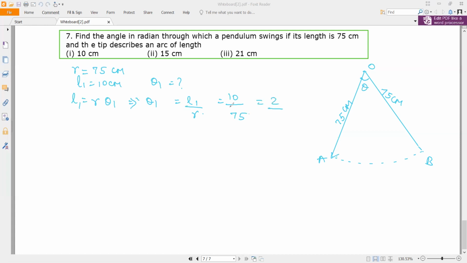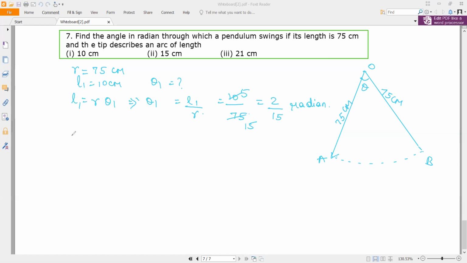So it is 2 upon 15, dividing by 5. This is in radians, as it's given in the question that you want the answer in radians.